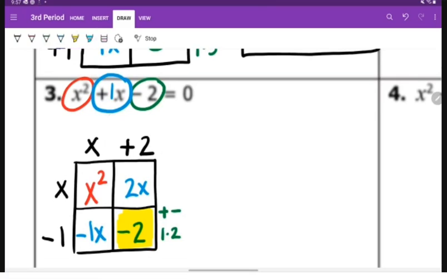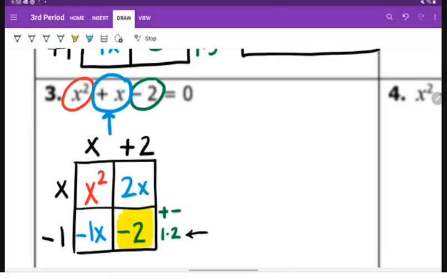We're going to be looking for a difference to make up the middle piece. So the difference between 1 and 2 is 1. And it's the bigger number that ends up controlling the sign. So if the bigger number is positive, you should have a positive in the middle there. If your bigger number is negative, you should have a negative number.